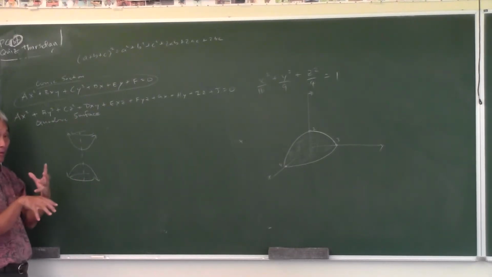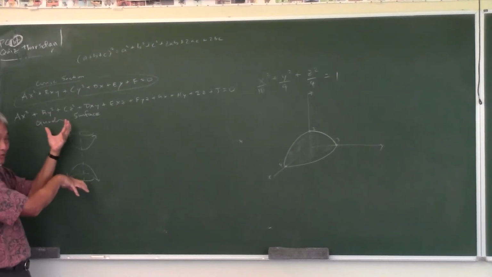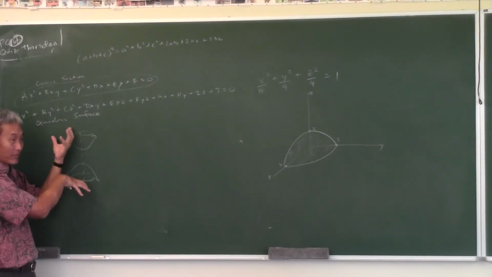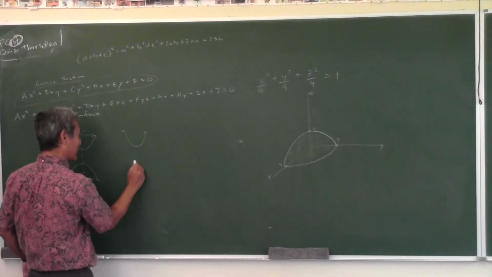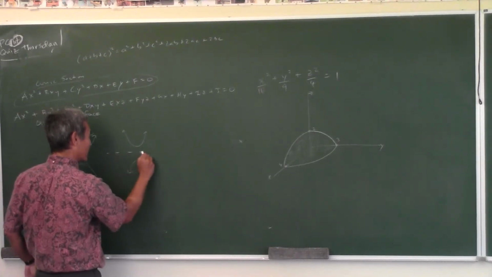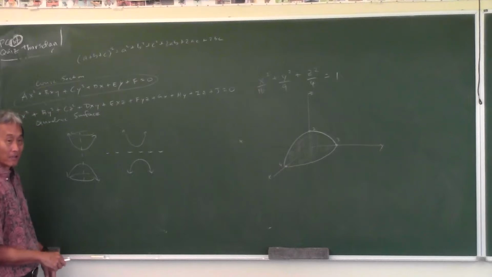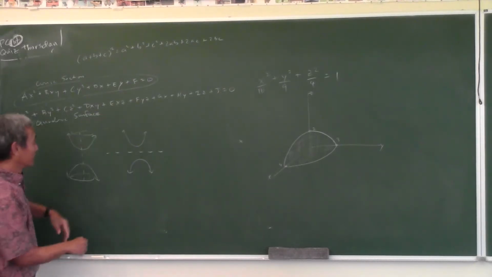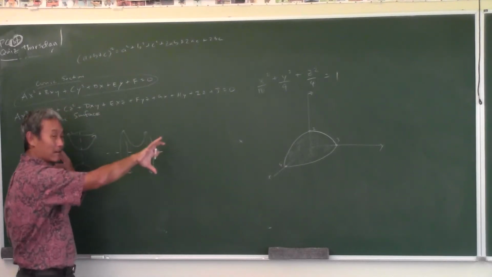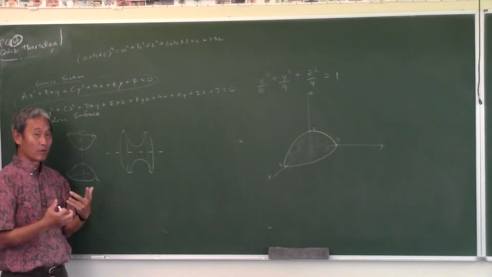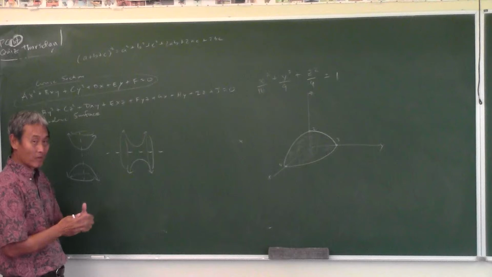We call that a hyperboloid of 2 sheets, because you need 2 sheets of paper to make it. But what if you have a hyperbola like this and you revolve it about this line over here? You get something that looks like that. We call that a hyperboloid of 1 sheet, because you can make it out of 1 sheet of paper.